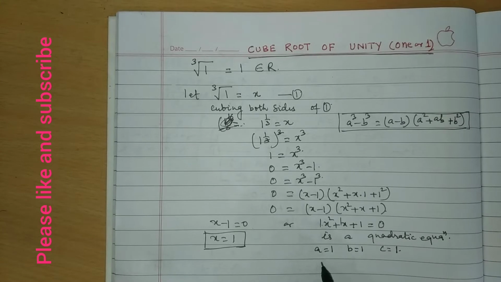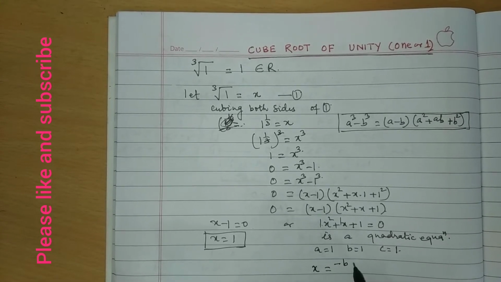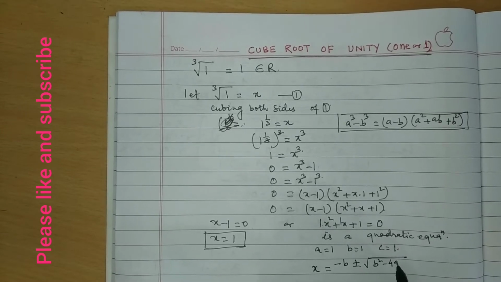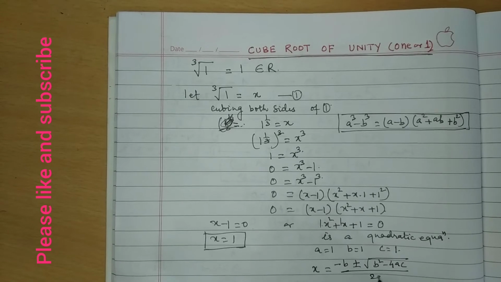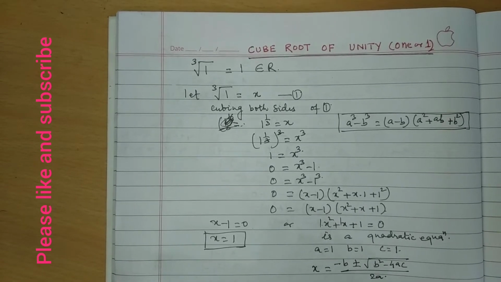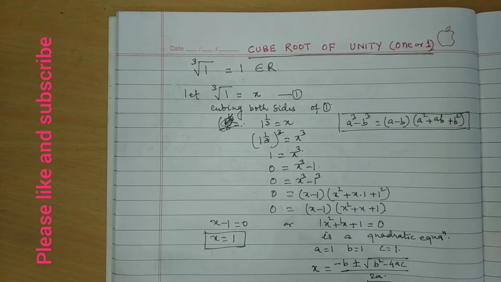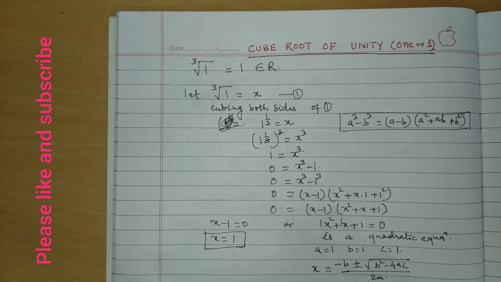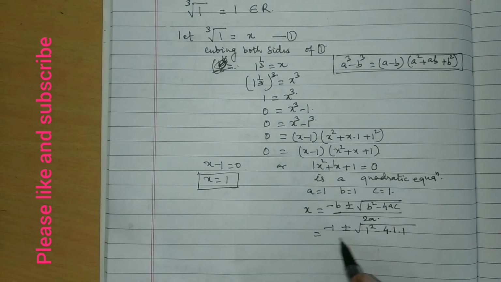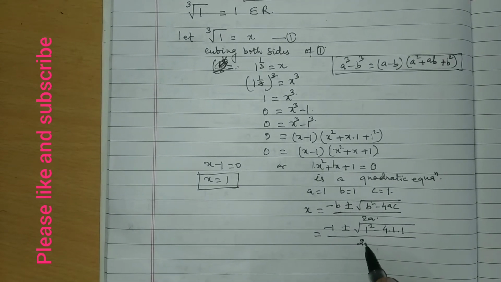Therefore x is equal to minus b plus minus root under b square minus 4ac, divided by 2a. So this is minus 1 plus minus root under 1 square minus 4 into 1 into 1, divided by 2 into 1.